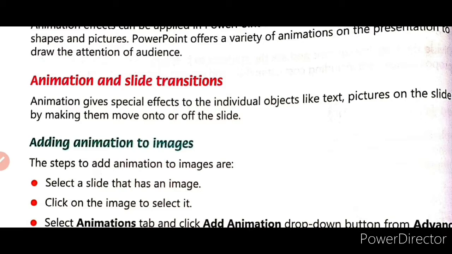Animation gives special effects to the individual objects like text, pictures on the slide by making them move onto or off the slide. What do you mean by this? For what are we using this animation? In order to give special effects to the individual objects. What are the individual objects?